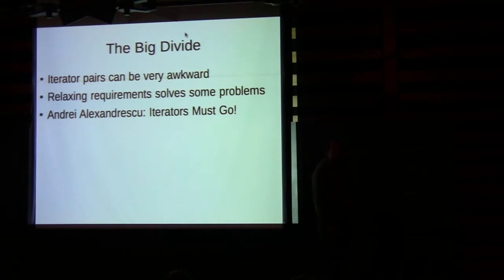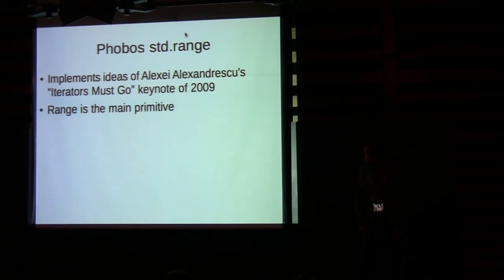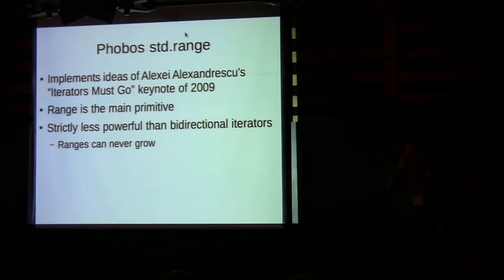And what he said is basically, well, let's make the range the primitive thing that we pass around, the thing that gives us the values, right? So what he did was, he has ranges, and you can take an element, you can make them smaller. What you cannot do with a range is make it bigger. Once you make a range smaller, once you chop off elements, you cannot add them back, because that would be unsafe.